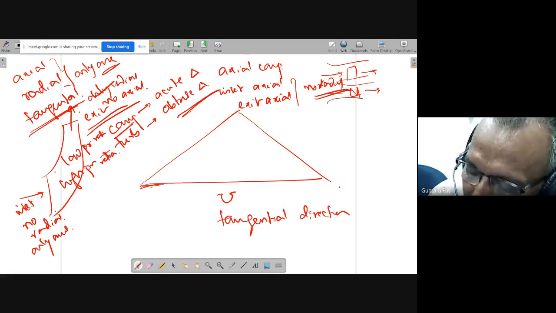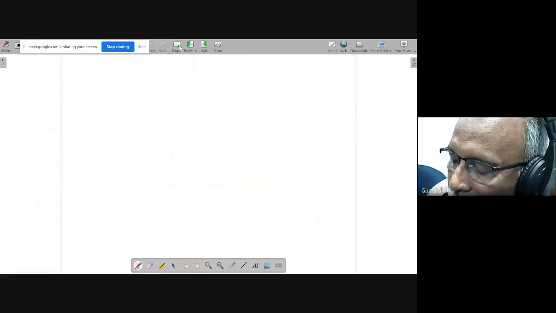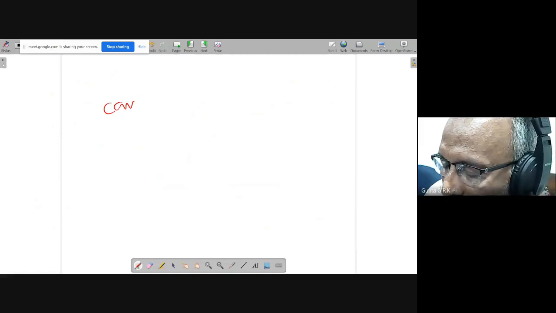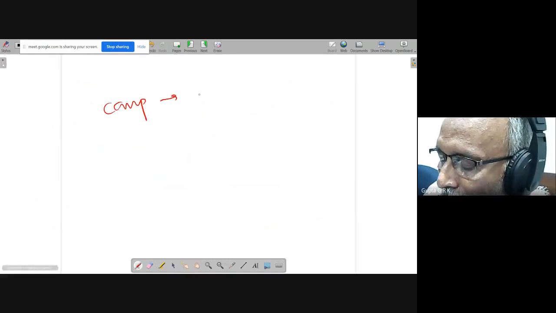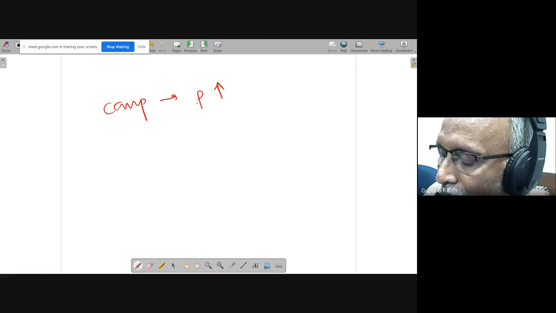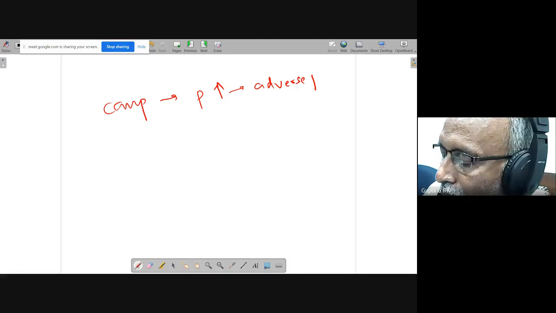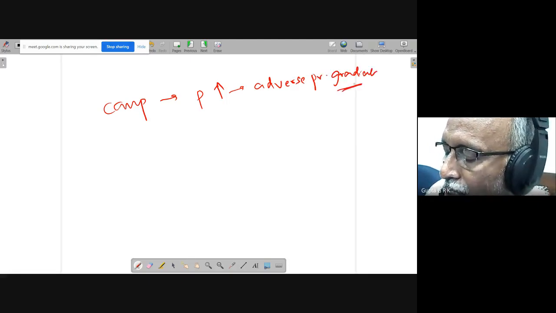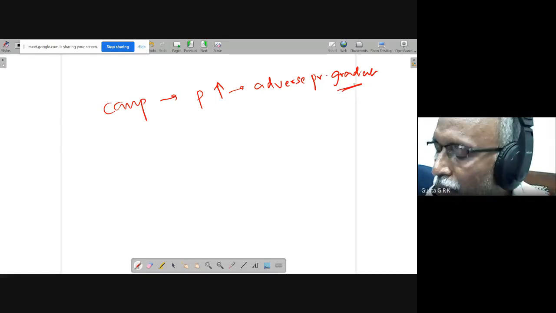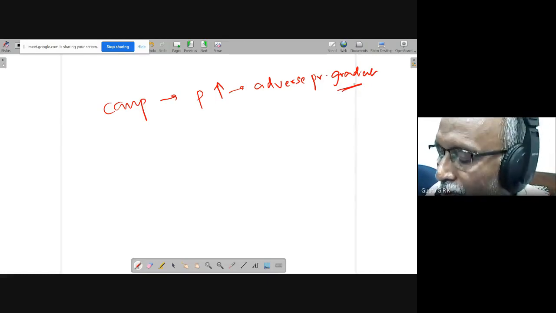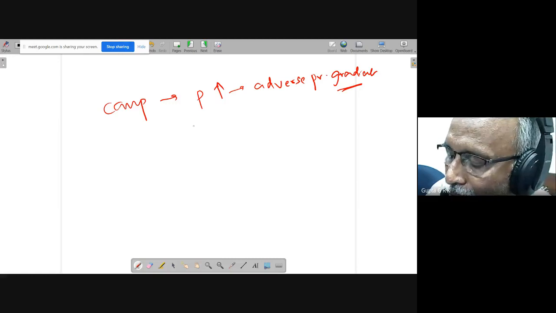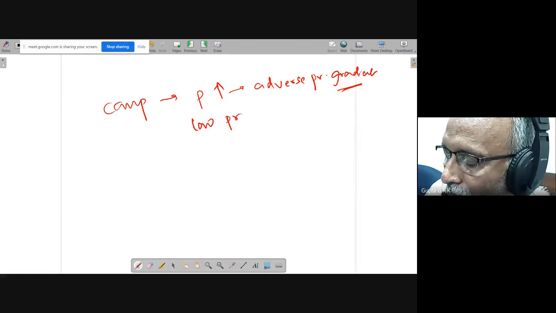This is because in compressors, pressure increases from inlet to exit. This is what is called an adverse pressure gradient, which tries to spoil the flow, oppose the flow, or separate the flow. I don't want that. Because of that, I will have low pressure ratios in a compressor.